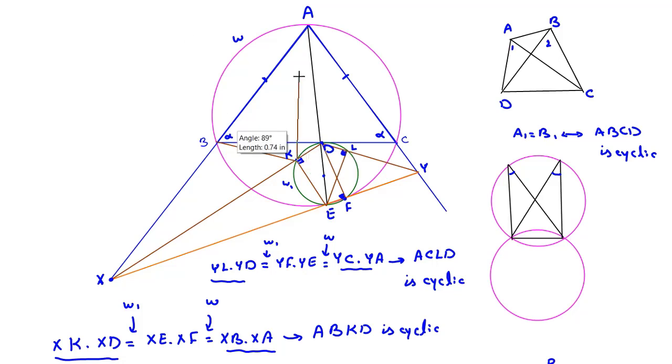It is alpha. And if we draw this line, because ABKD is cyclic, let me consider ABKD is cyclic here. So it is alpha, see this side, so it is also alpha, okay? Similarly for this one, we said what?